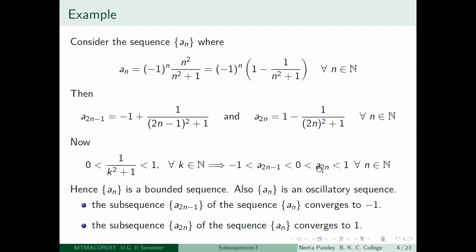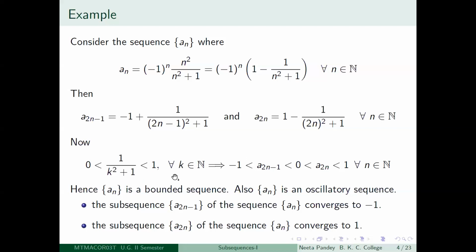Every odd term is going to lie between minus 1 and 0, and then it oscillates to the next even term, which is between 0 and 1. Then it goes back to a number between minus 1 and 0, and then again back to a number between 0 and 1, and so on.